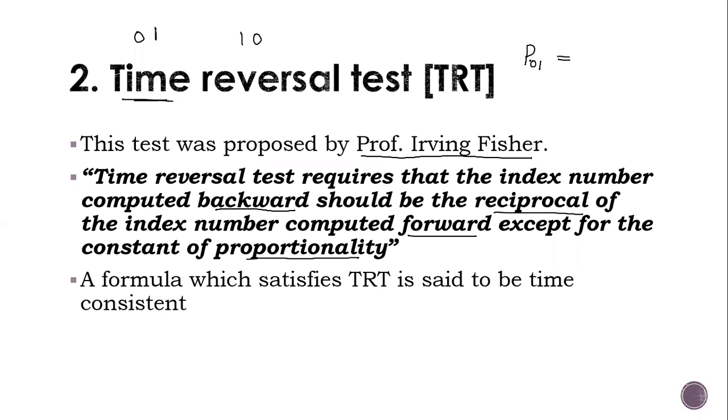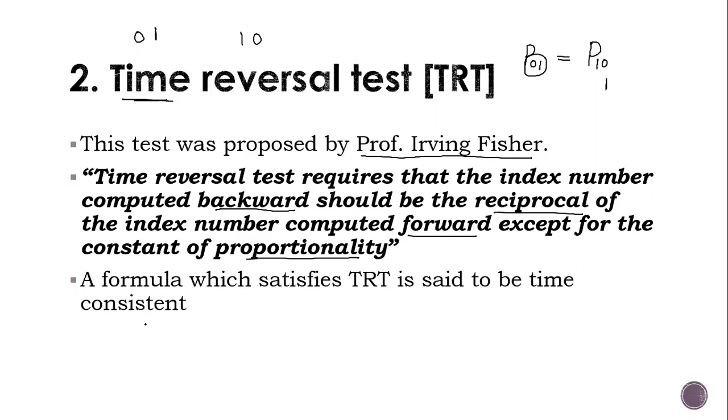When you interchange the time, only focus on this time, the prices of the current and the base year are reversed. The resulting index should be the reciprocal of the earlier, so the answer of this and that should be equal. It should be satisfied when you reverse the time. It should be equal to 1.